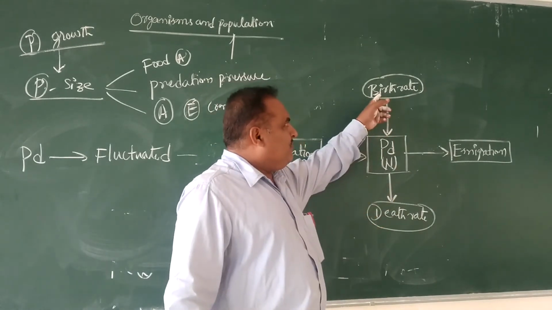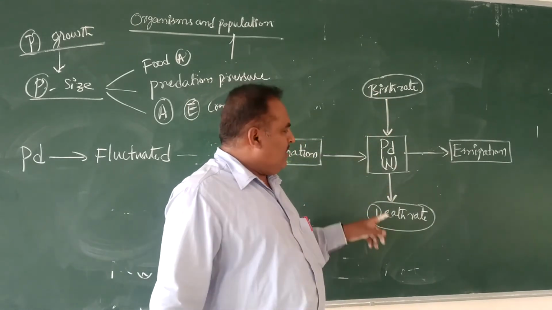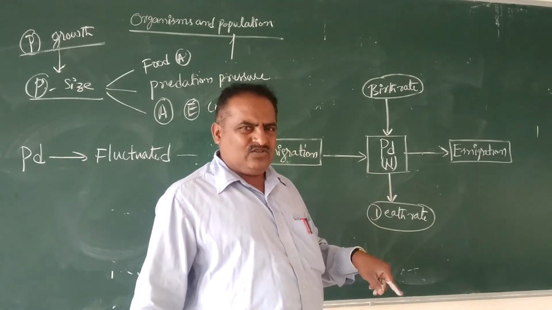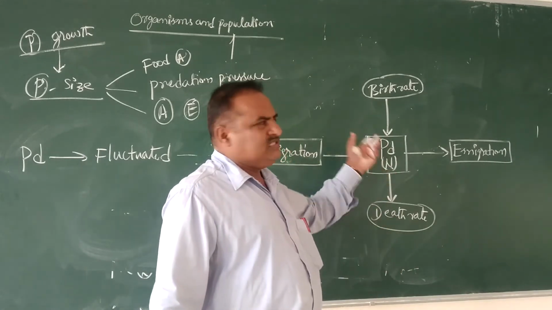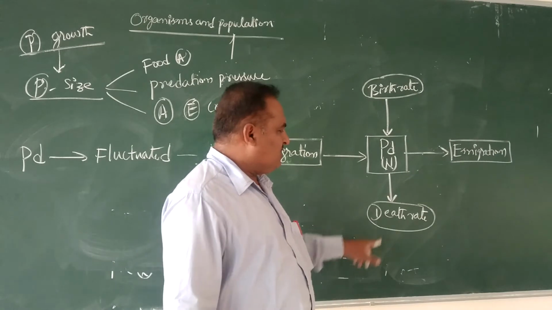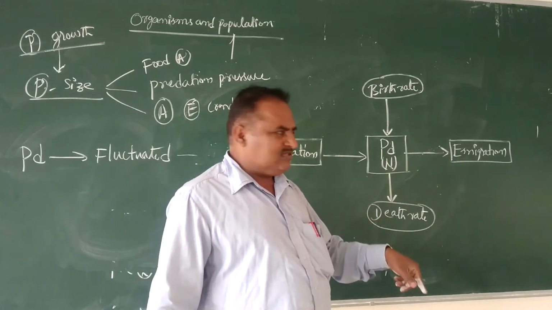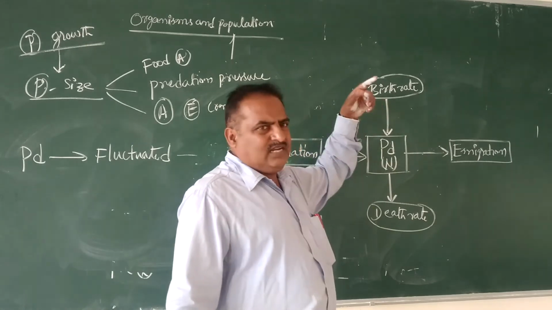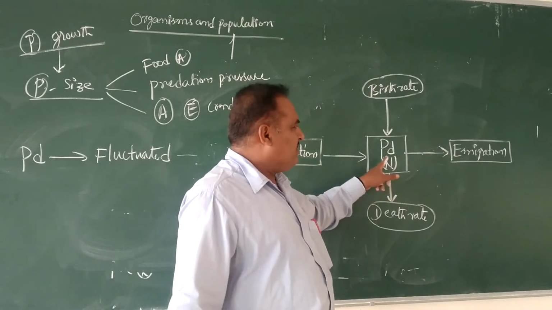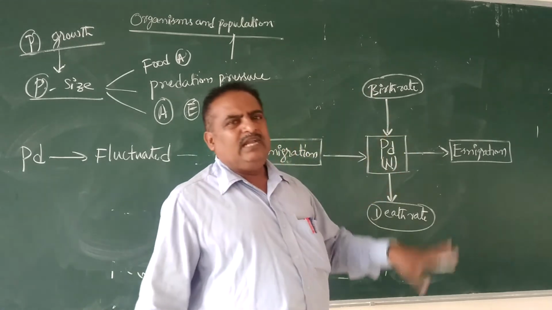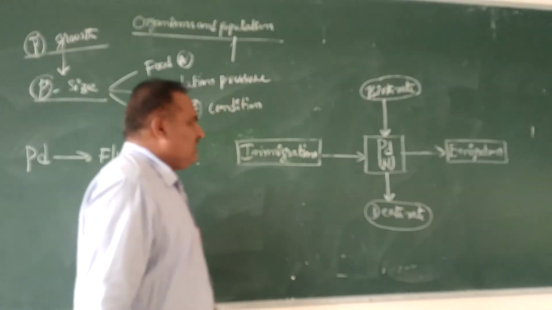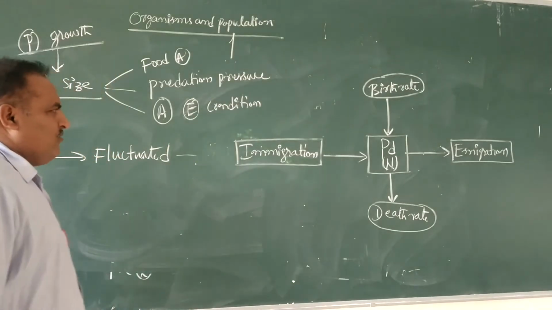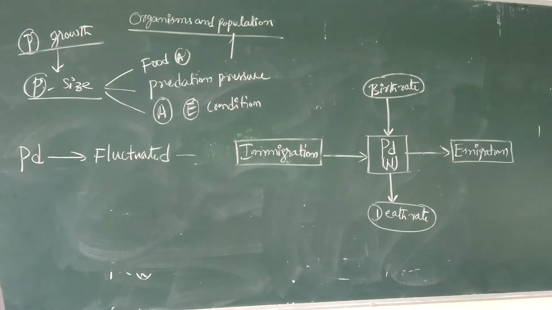When birth rate is more and death rate is very less, population density increases. Suppose death rate increases and birth rate decreases, then population density decreases. The other processes include immigration and emigration.